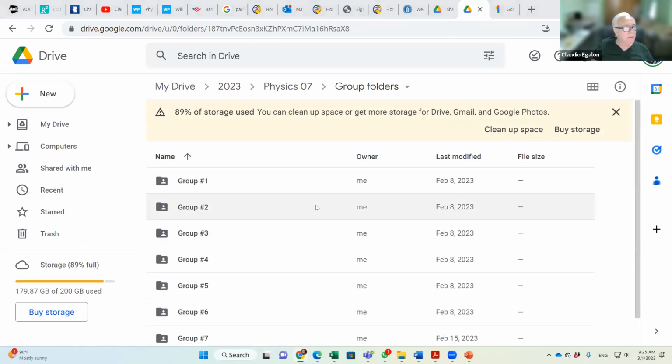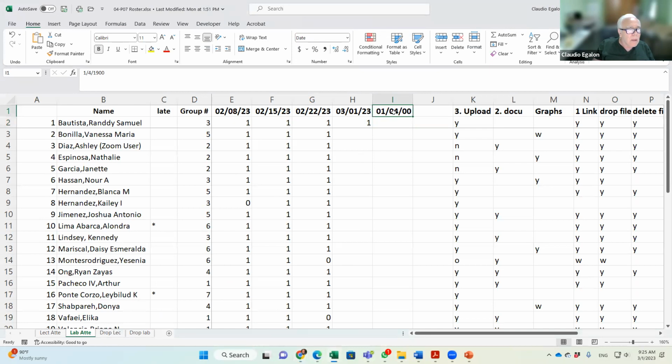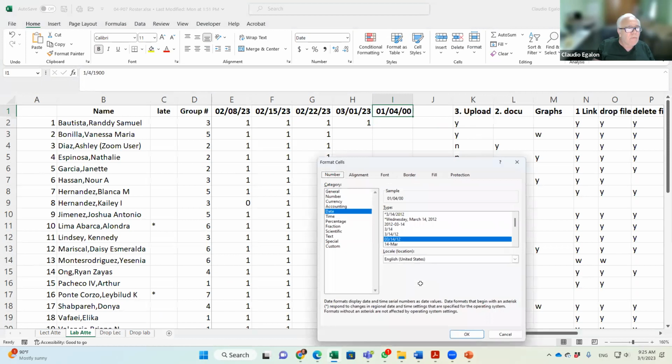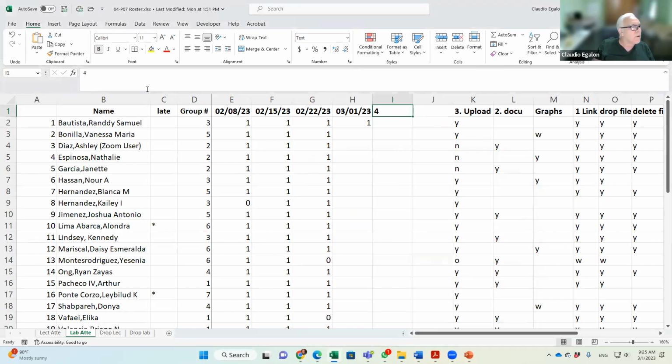One more student. Okay, I still see it. Let's go to the other students. Okay, so here you go. Download files. So you said you don't see the files there, right, Randy? Okay, let's see.